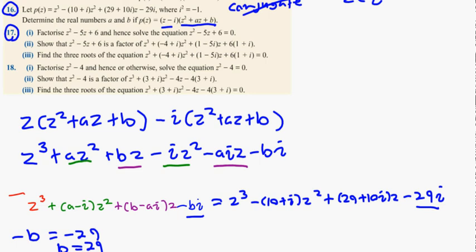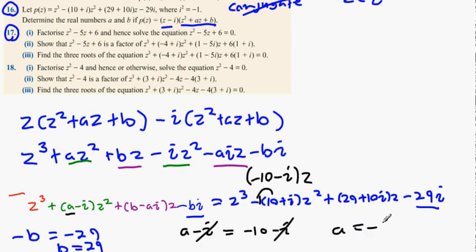Now we've got to figure out what a is. Okay, and we can see that a minus i has to be the same thing as, now this is minus 1, so this is technically minus (10 plus i) times z, because there's a minus in front of it, and the coefficient doesn't need the z there, and then we can figure out that a equals minus 10.